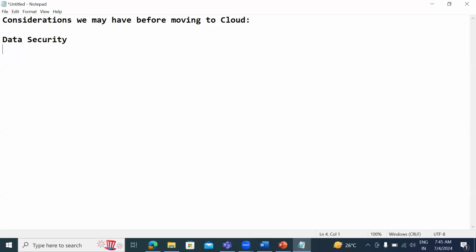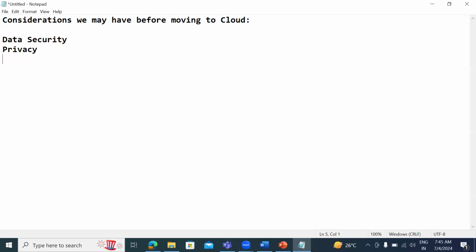The second one is privacy. Whether AWS, compliance wise, privacy wise, will misuse my data kind of things. So definitely we'll have these two doubts in our mind. Definitely in the last 10 to 15 years, cloud is providing huge security and privacy. But definitely we will have some constraints on that.